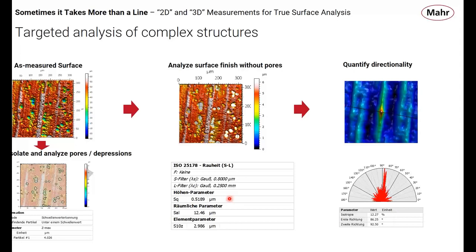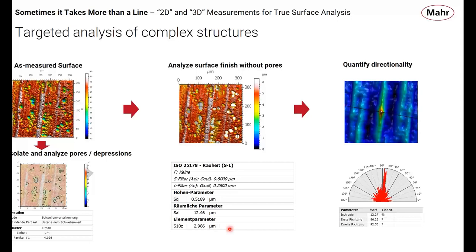The difference here being it's not the RMS roughness from a single profile, it's the RMS roughness from all of the data in this surface. I also show SAL here, which we'll talk about the mathematics behind in a minute or two. But S10Z being the 10 max-min point sets. So similar to RZ, perhaps a little more robust.